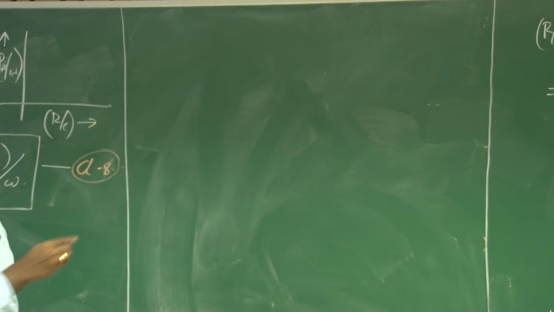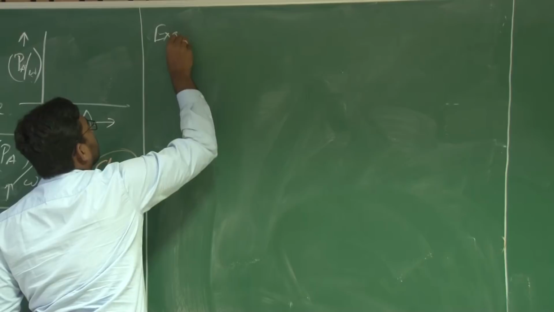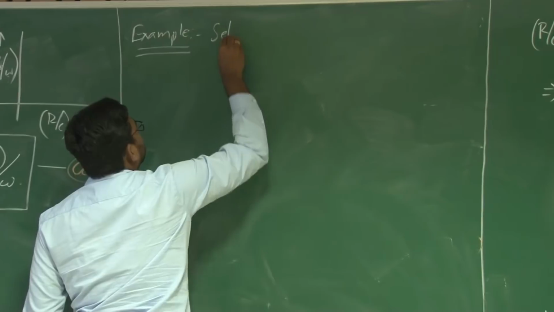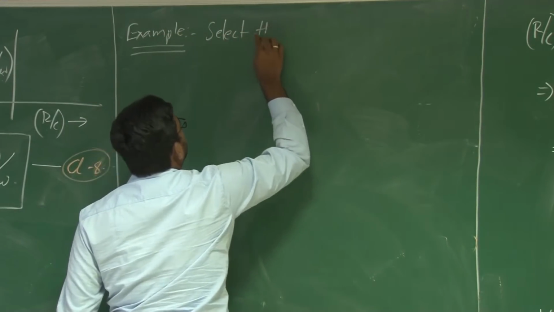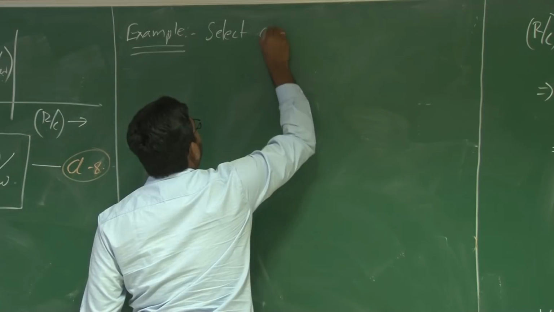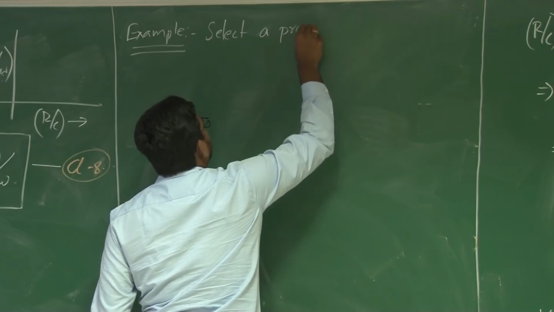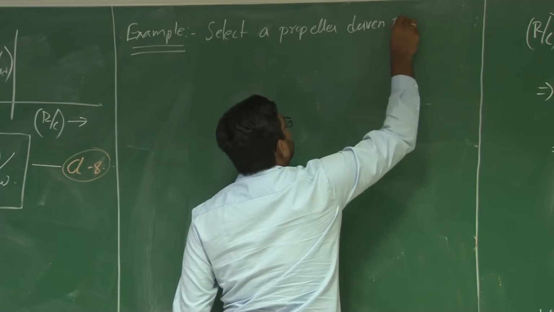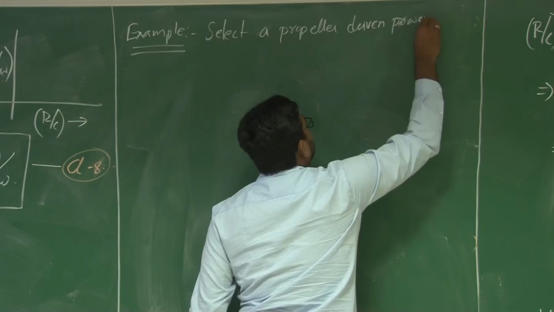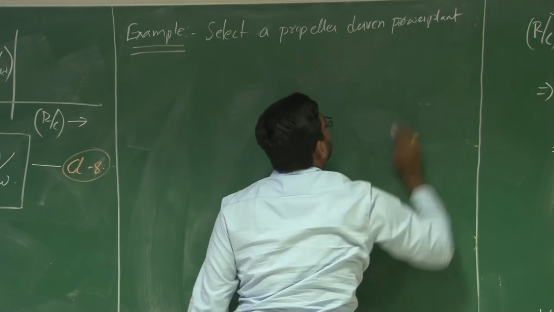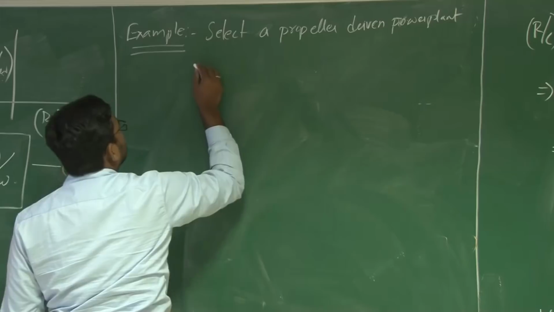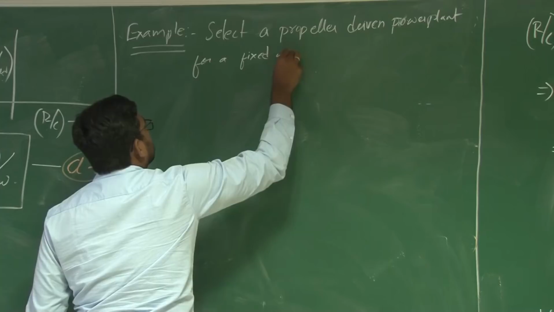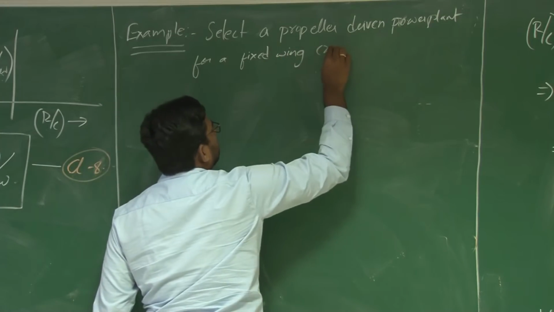Now let us consider an example. Select a propeller driven power plant for a fixed wing crop delta UAV.